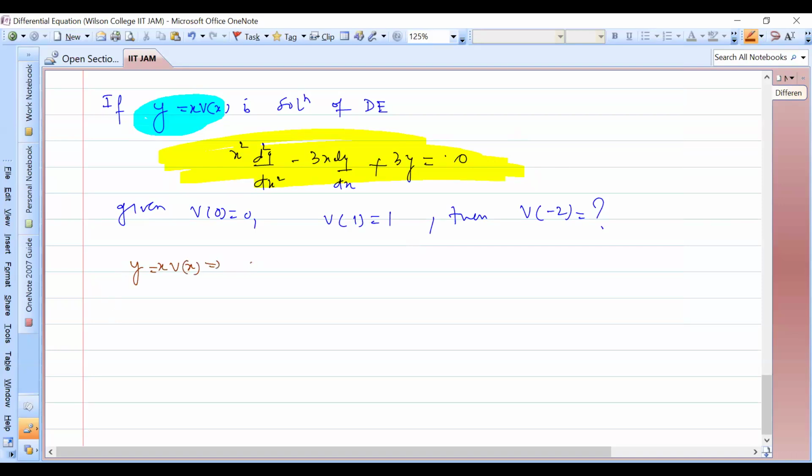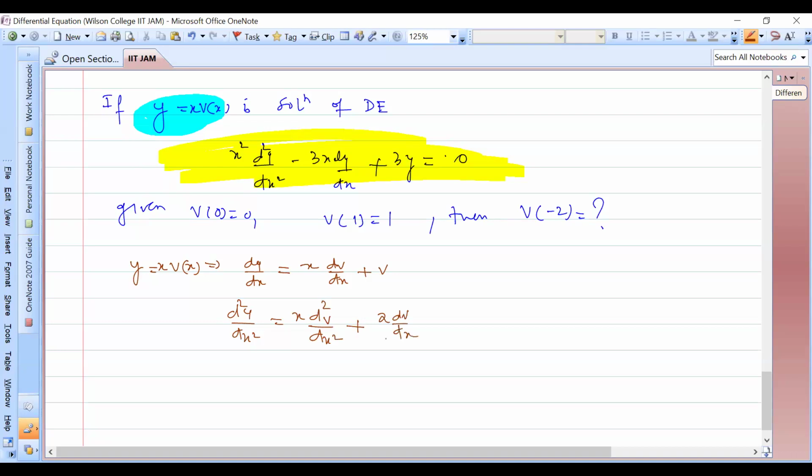So find the first order derivative. dy by dx equals x times dv upon dx plus v. d2y by dx2 equals x times d2v upon dx2 plus 2 times dv upon dx.